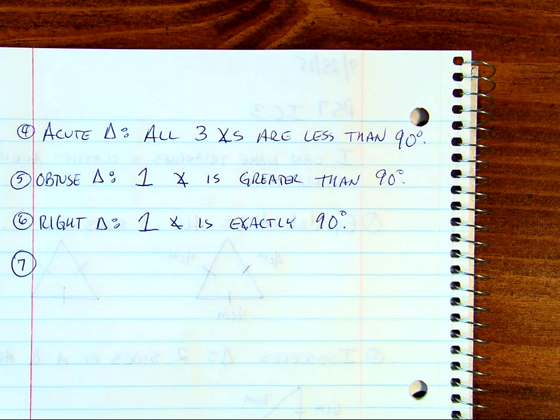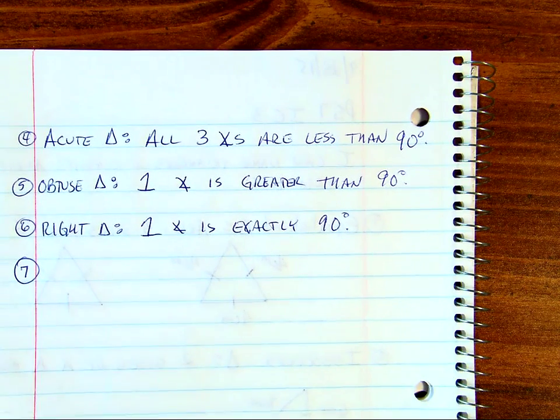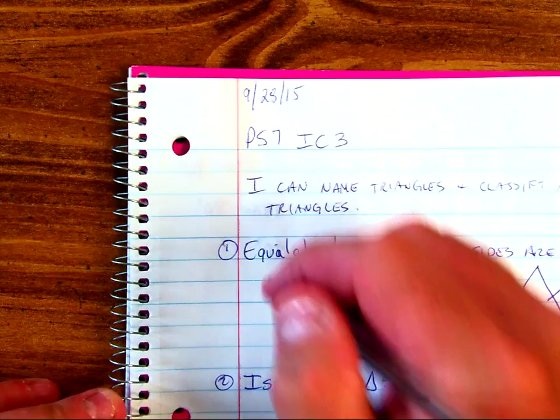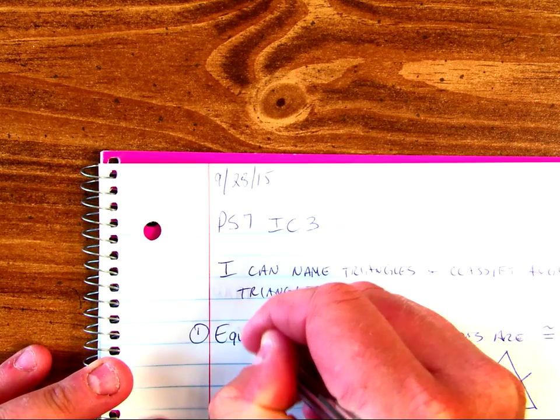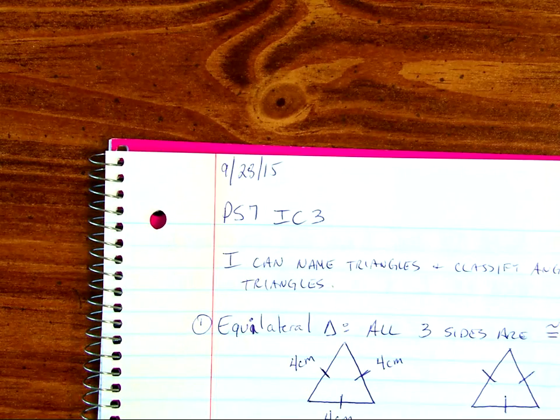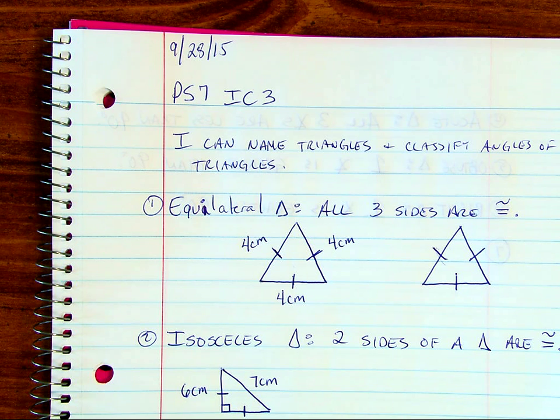I was right. Equilateral is spelled with an I. Isn't that weird? I'm 35 years old, so probably the last 30 years I've been spelling it E-Q-U-A-L. Interesting. But equilateral is E-Q-U-I.